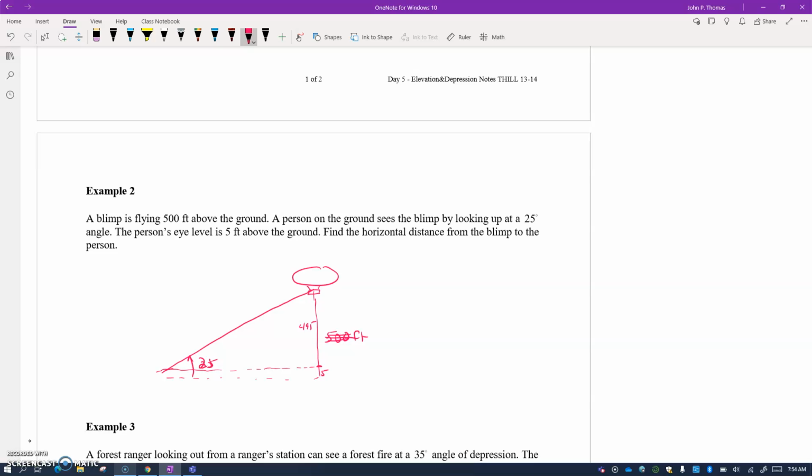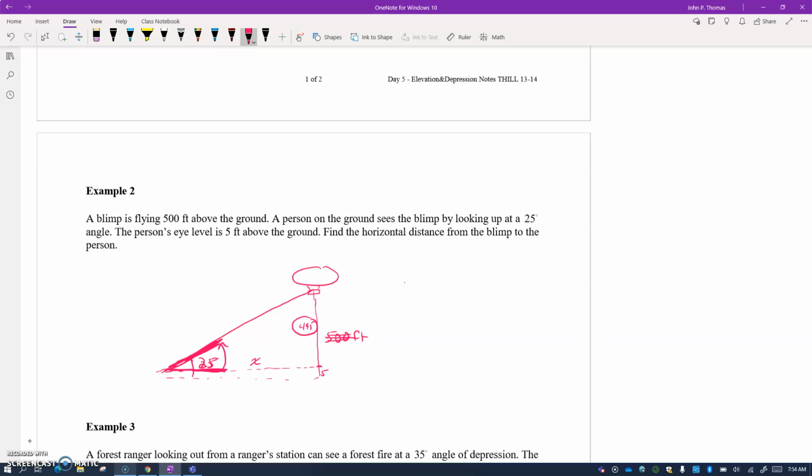So we have a 25-degree angle from the eye line, from here, up to this line of sight to the blimp. But there's that extra little 5 feet at the bottom. It says find the horizontal distance from the blimp to the person. So we're going to do opposite over adjacent, because it's this side, and we want to find the horizontal distance, so that side there.